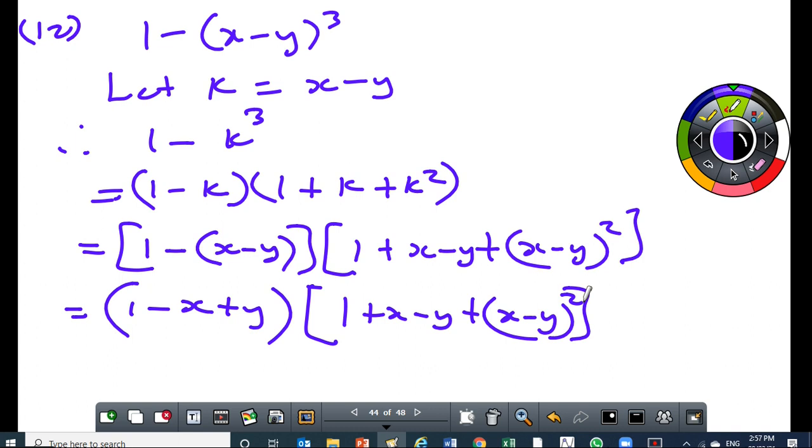Is there anybody who got this? Thank you. That's all. I think this will be my conclusion of sum and difference of two cubes. You should be able to answer any question on sum and difference of two cubes for now.